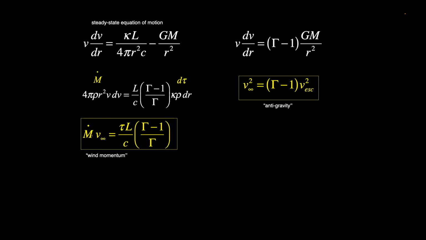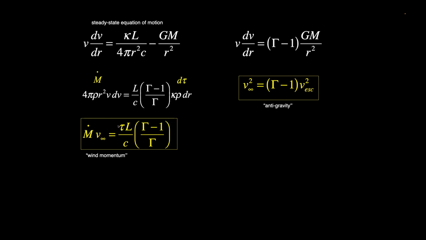You find that the momentum you put into the wind is proportional to the optical depth times the momentum of the photons. If tau is about unity, it's like a single scattering limit, and you're limited to just L over c. But if you scatter the photons many, many times, you can get more than that. Wolf-Rayet stars, for example, have a performance parameter of about 10.